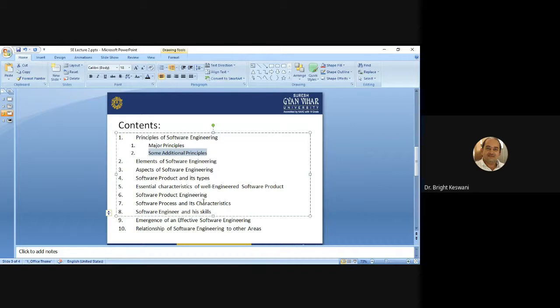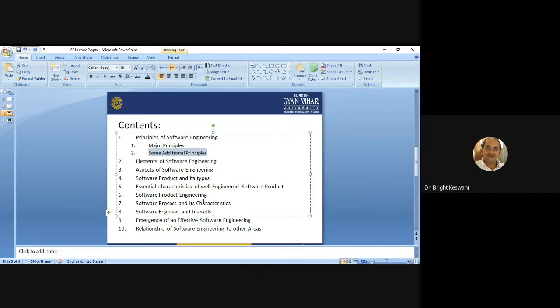According to the seventh principle, don't use shortcuts. Avoid tricks. Many programmers love to create programs with tricks. If you are making your software in an insecure way, or you are using tricky code, then it is very harmful for the quality of the software.